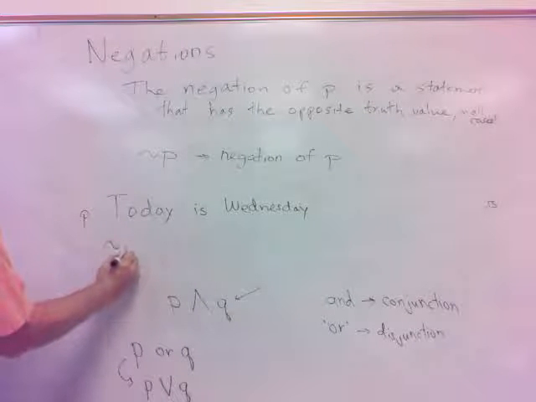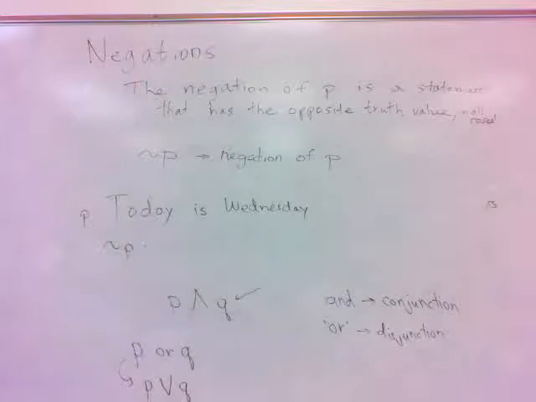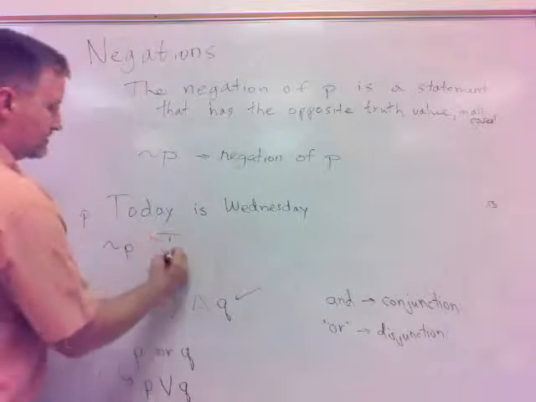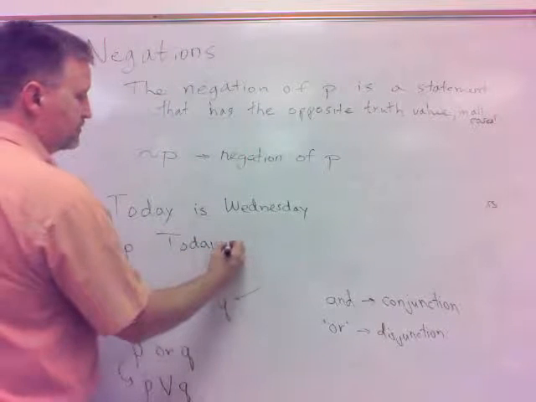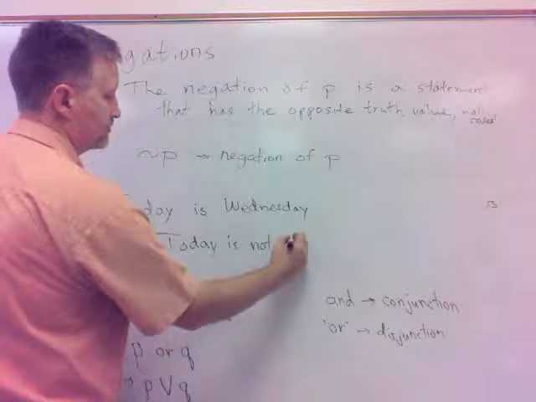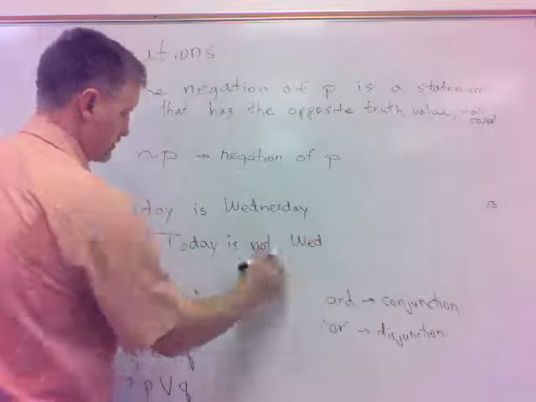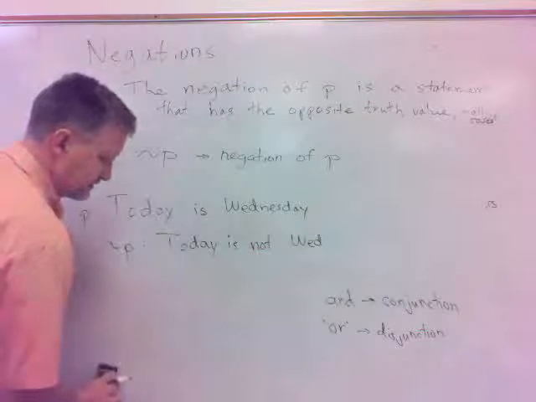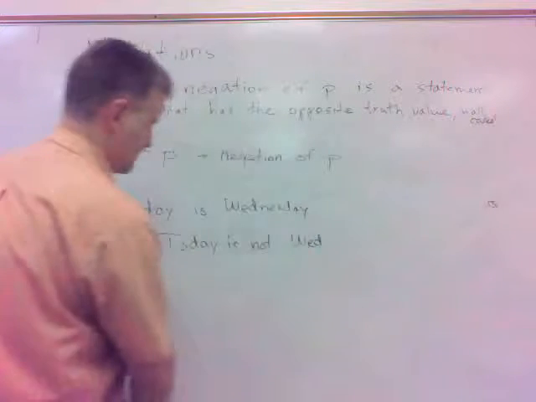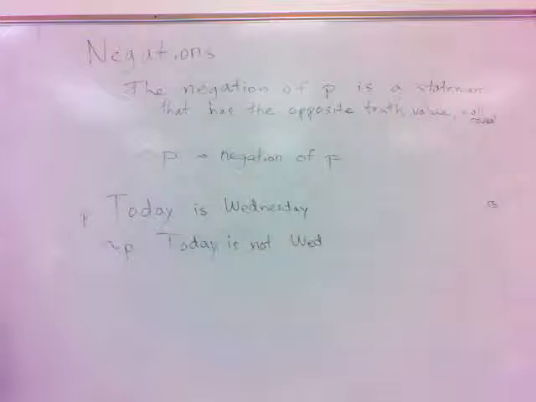So the negation statement, negation P, well, just put the word not there, right? Today is not Wednesday. And that's the opposite truth value, isn't it? Today is Wednesday. Well, if it's Wednesday, that's true. Today is not Wednesday would be false.